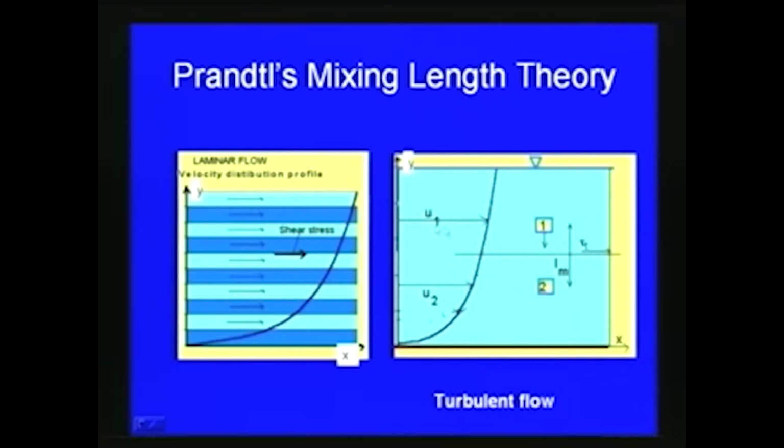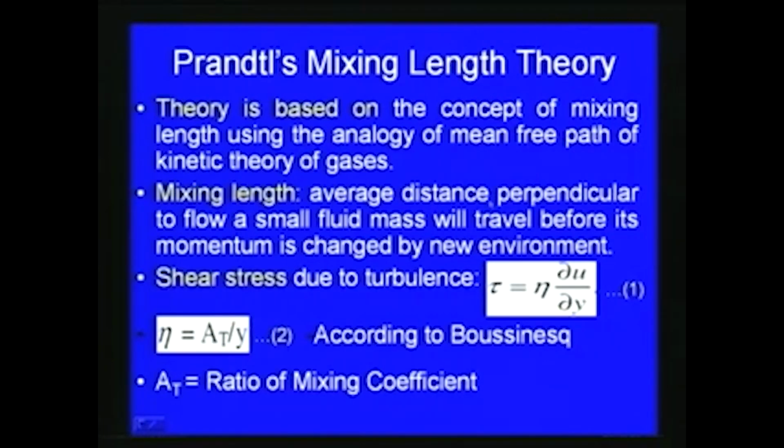If you consider a lump of fluid or a small fluid mass, it will travel an average distance perpendicular to flow before its momentum is changed from one environment to a new environment.